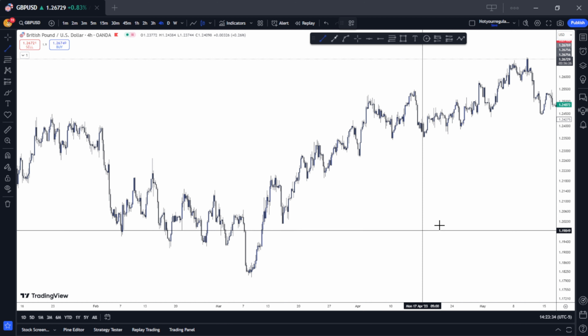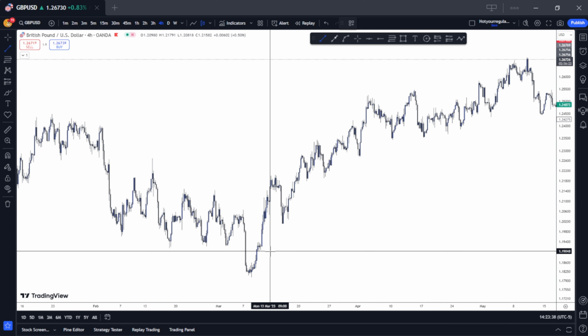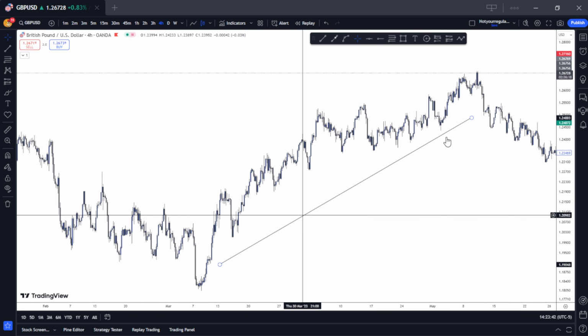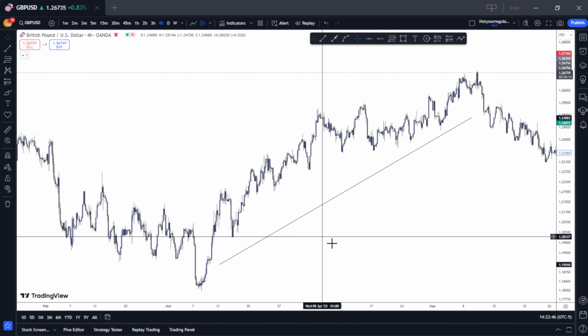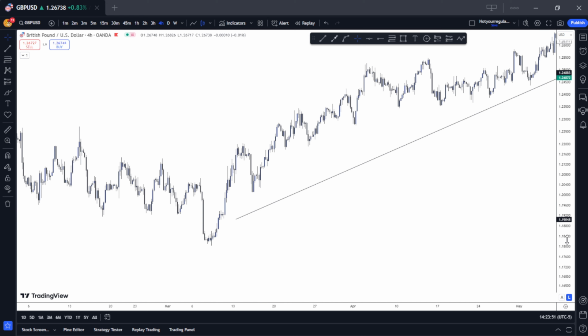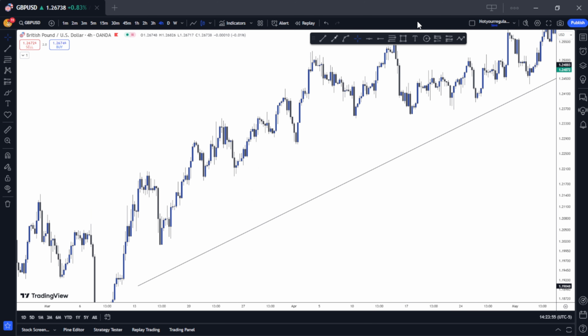The market is bullish, so it's very simple to identify the trend. You can simply draw a trend line, and this just shows you that the market is trending up, that we are bullish. Okay, so let us identify our higher highs and higher lows.